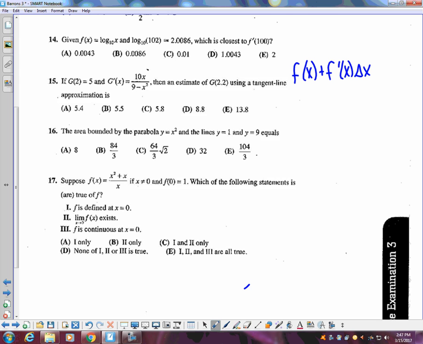Okay, so let's see. Who's x and who's delta x? 0.2. I think the one y'all have to do for homework, your delta x has got to be a negative, like 3.9 or something. So you go 4 and a negative 0.1. Okay, so I need f of 2. Oh, no. No, look.